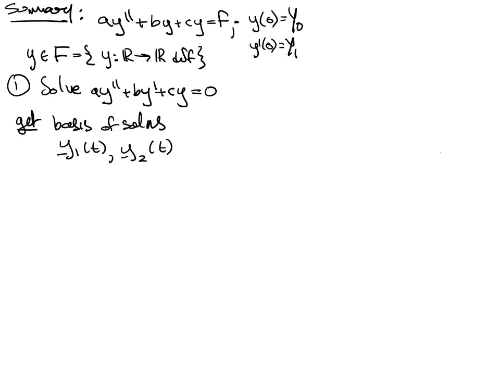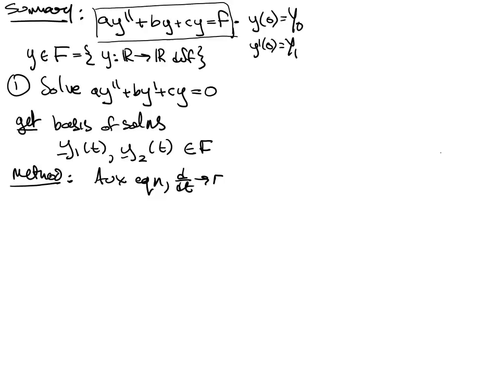And these were both, again, viewed as vectors in the subspace. And what was the method? Well, the method was to look at the auxiliary equation, where you turn these derivatives into r's, and you get some polynomial, and you find its roots, and use that to factor the operator, and you get these solutions that are exponentials.